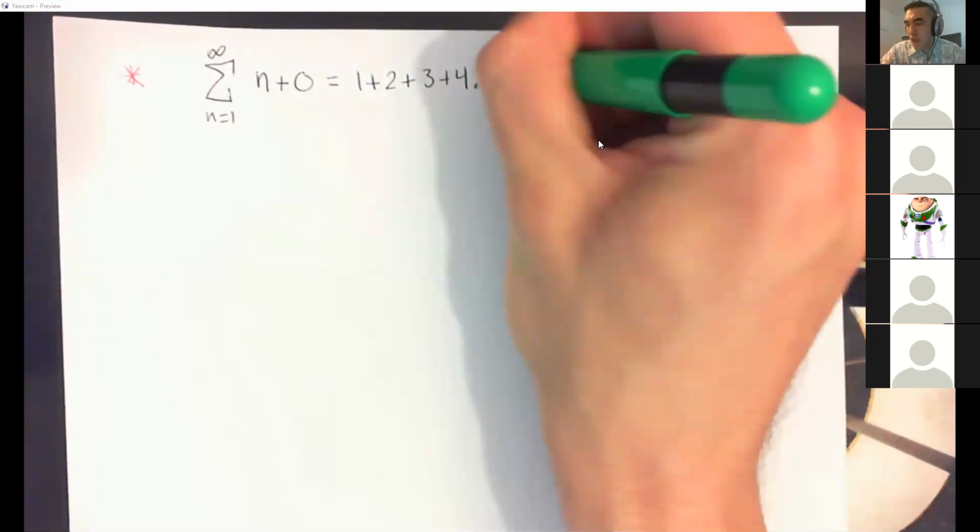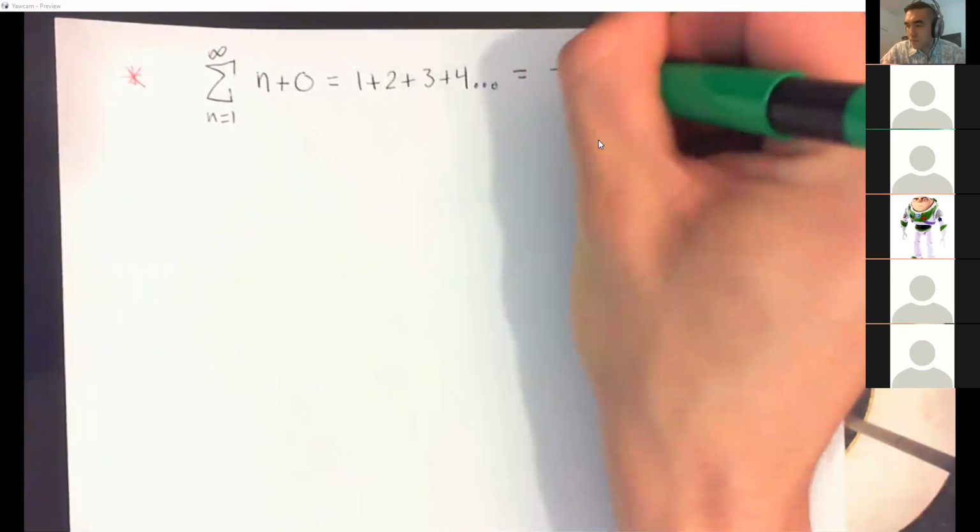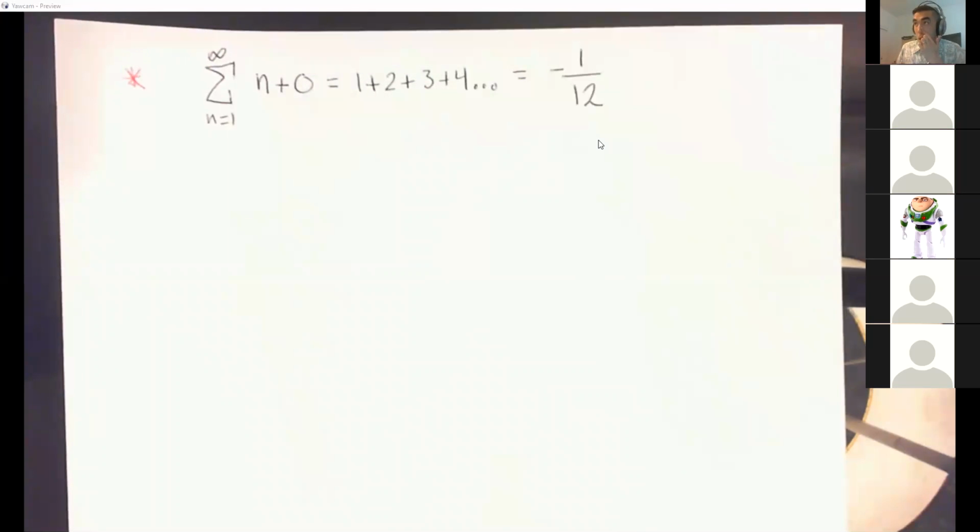This is well defined as negative 1/12. And this is not a conjecture or a troll or whatever. There is an entire field of study dedicated to this particular summation series.